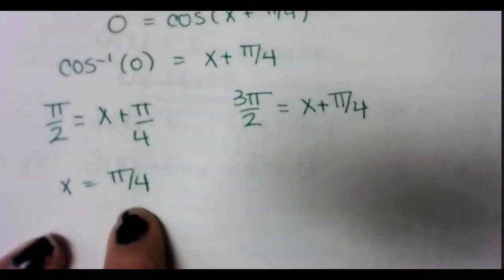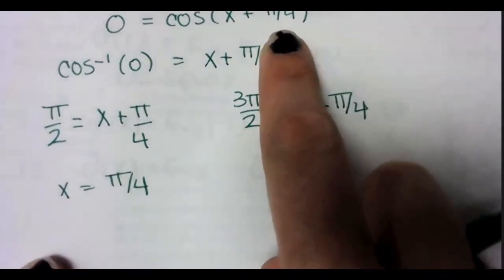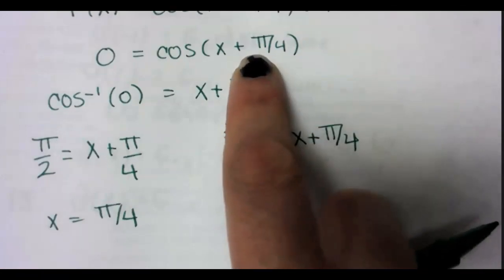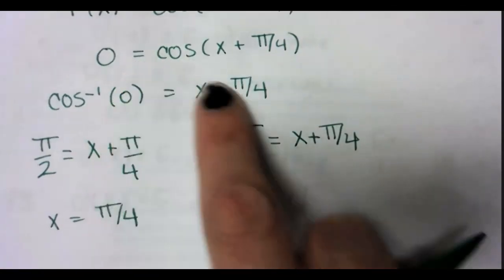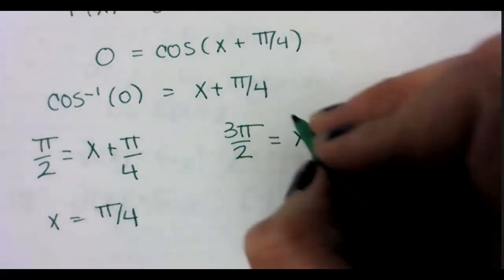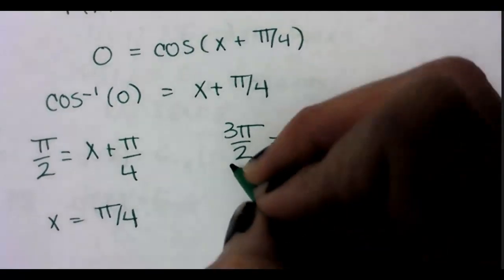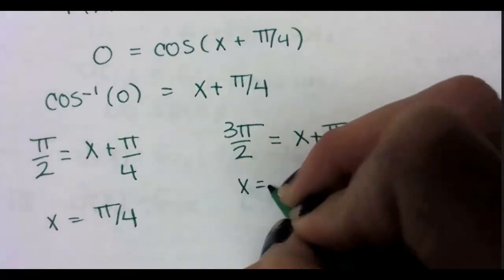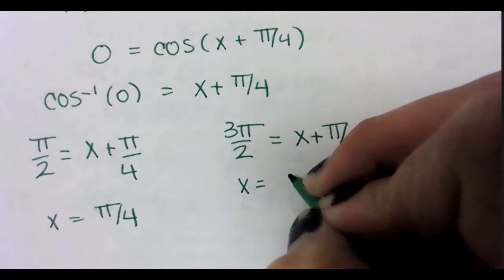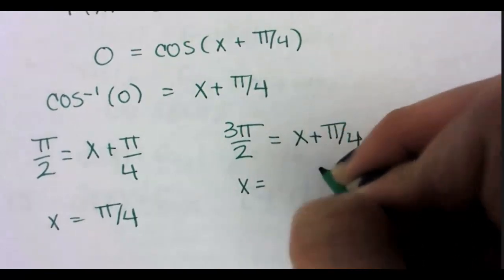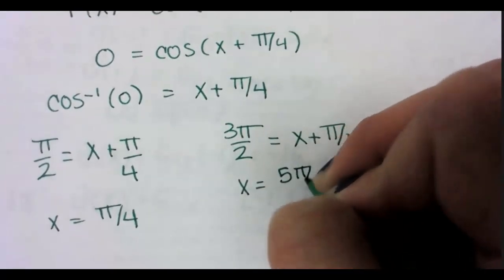And that should make sense because pi fourths plus pi fourths would be pi halves, which would be 0. And over here, 3 pi halves minus pi fourths would give you 5 pi fourths.